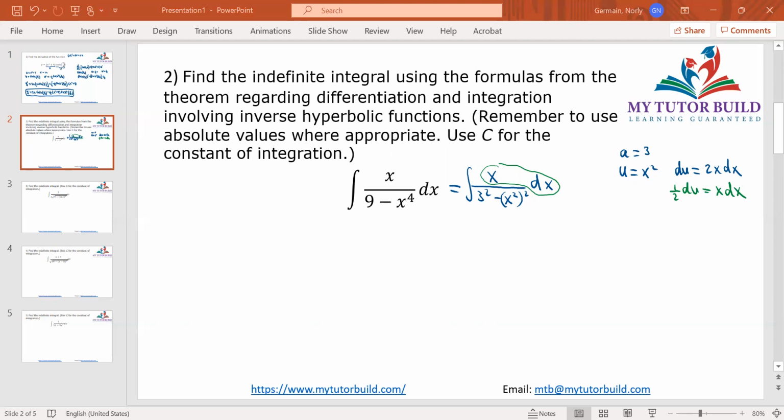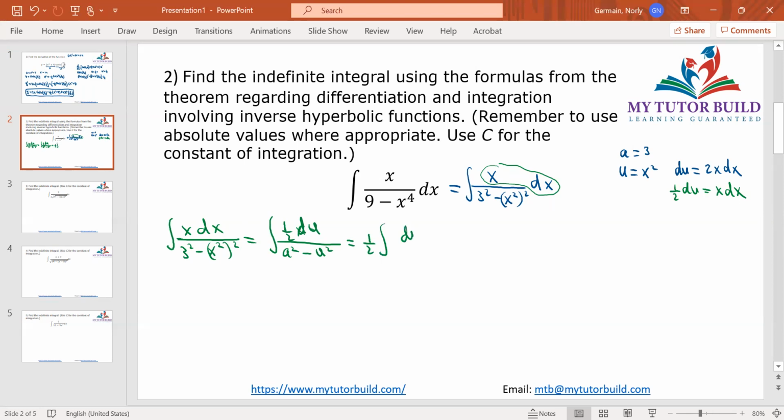Now, let's put everything together. We know that x dx over 3 squared minus x squared to the power 2 we can rewrite as 1/2 of du over a squared minus u squared. Now, when we have a squared minus u squared, we can bring the 1/2 in the front.